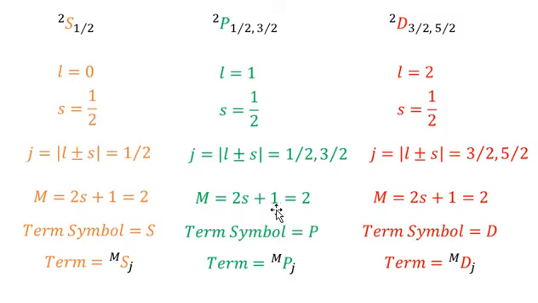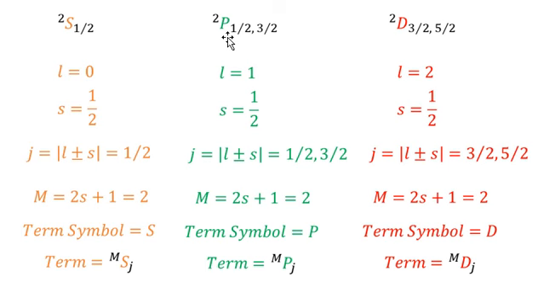Multiplicity is given by 2S plus 1, which is equal to 2, because the spin value is 1/2. The term symbol is given by capital P, and the term is denoted by multiplicity M, then the term symbol P, and then J as the subscript. If you put the two values of J, then you will get this 2P.